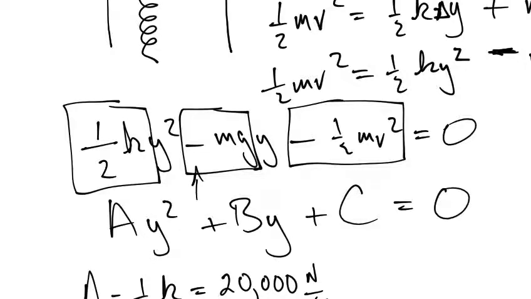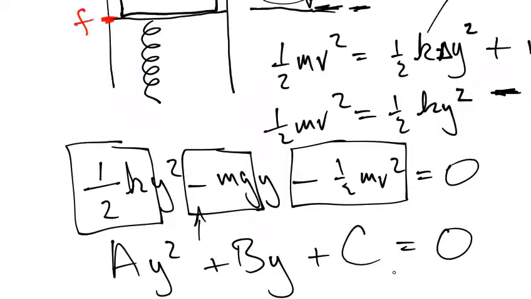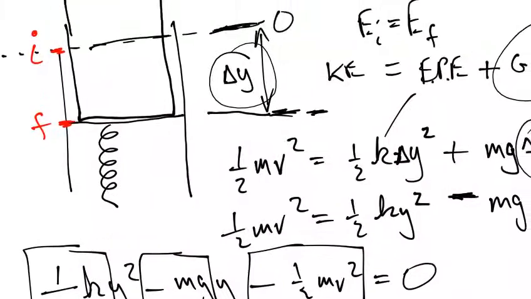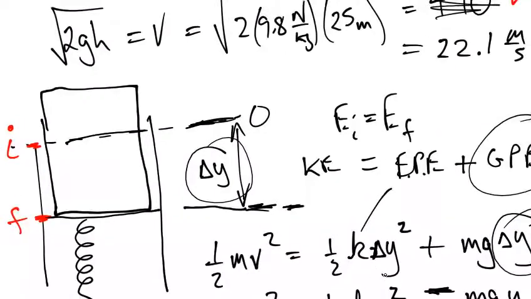0.5 times 750 times the velocity which we got, which was 22.1.